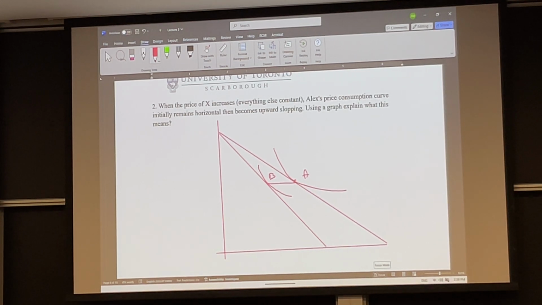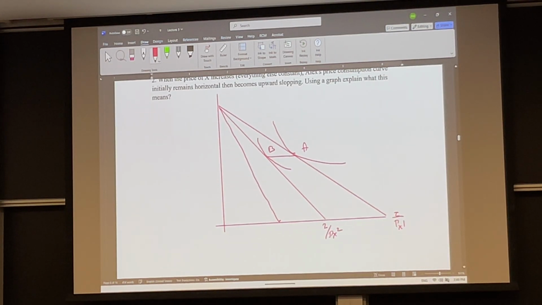Then when the price goes up further, so this is the initial price, that is when the price increases first, that is when the price increases second.